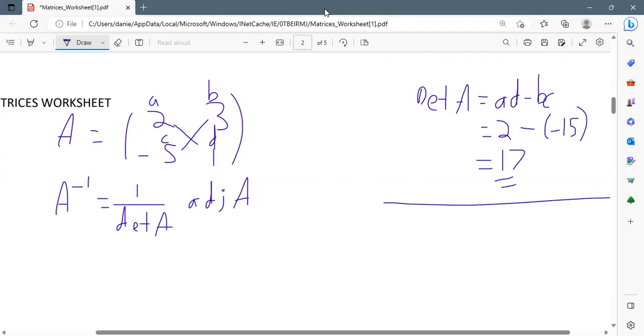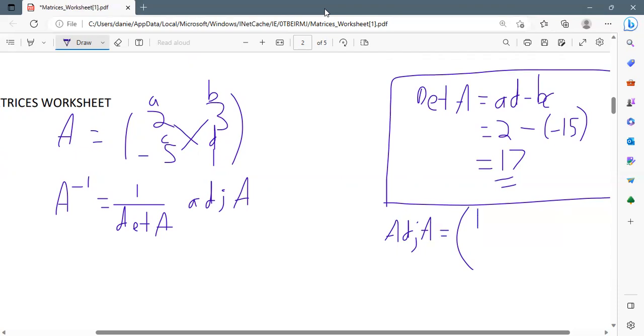Alright, and now we have to get the adjoint of A. Remember, for the adjoint, there are two steps. It's just in the form a, b, c, d already here, so there's just a manipulation. The first one is interchange, where you swap a and d. Wherever d was will be a, wherever a was will be d.